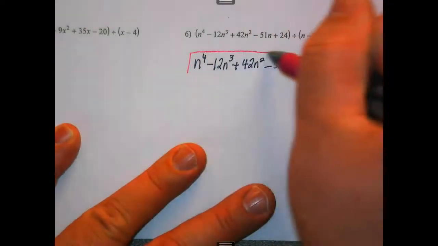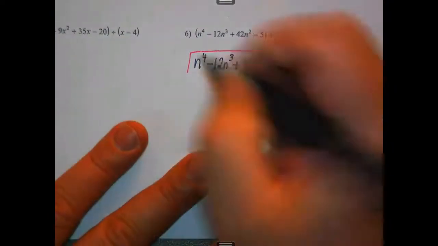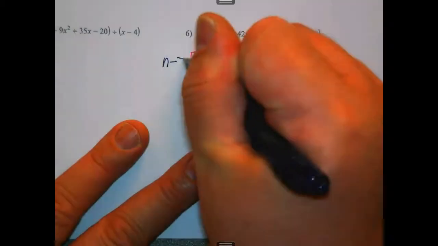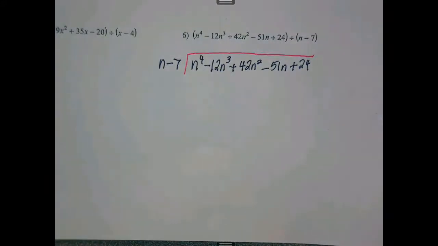I'm going to divide it by the divisor n minus 7. Okay, strap yourselves in for this one. This is a long one.